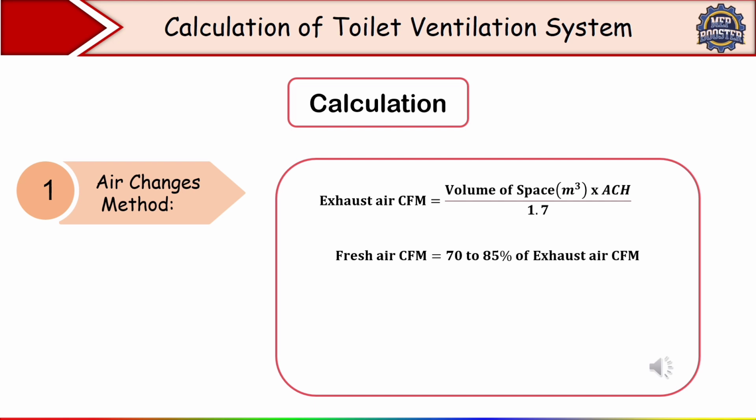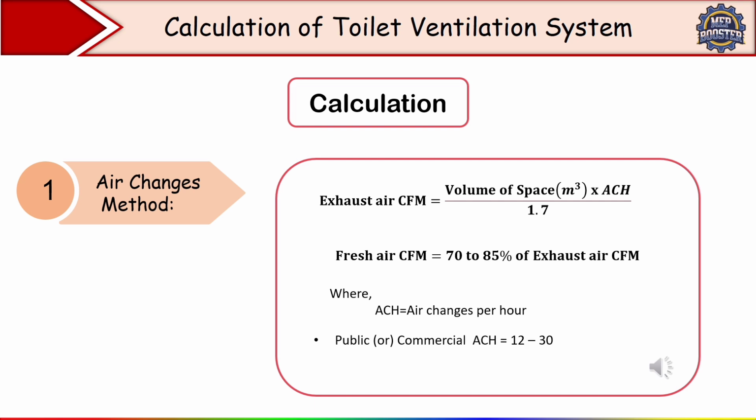Once you get the exhaust air CFM, 70 to 80% of that exhaust air CFM is our fresh air. That much fresh air we have to supply inside the toilet. Now remember, ACH is air changes per hour. It means in 1 hour, how many times you have to change the air to improve your indoor air quality.